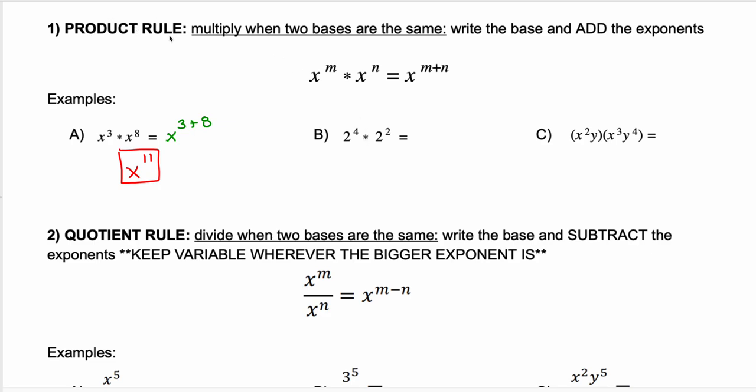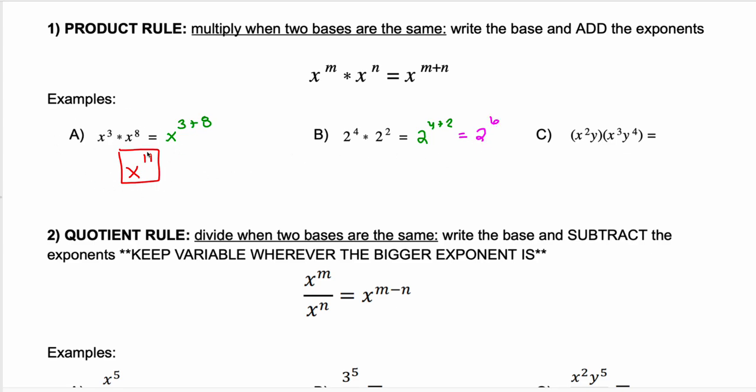So this would be the product rule. In order to use this product rule, we write the base again. So the base is 2, that does not change. And then we take our exponents and we add them together. So we would have 4 plus 2, which becomes the base of 2 raised to the power of 6.